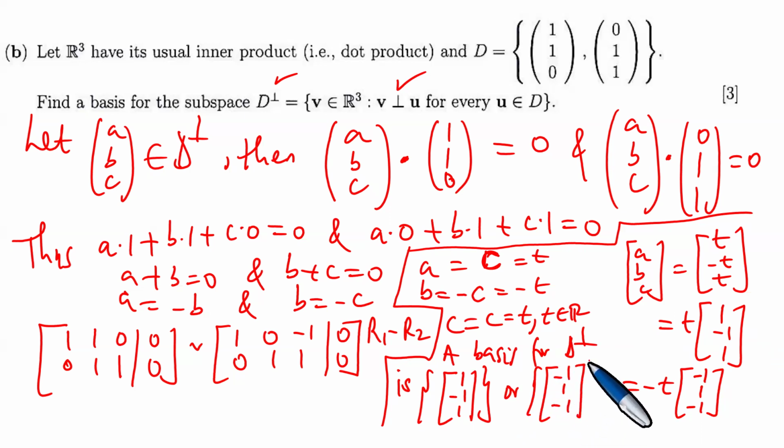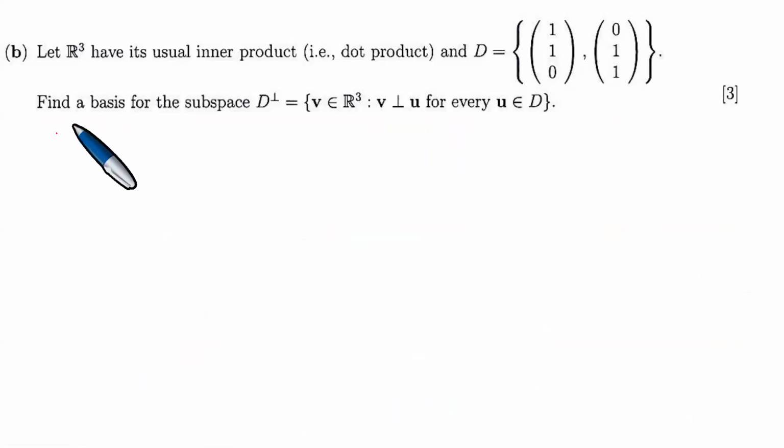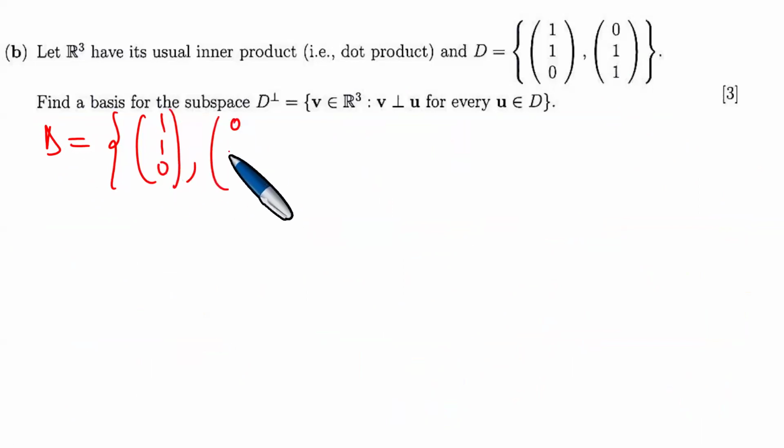You can write it like this. You get the point. So in any event, if you dot this one with any of these, it must be 0. You can do a quick check. So in other words, you have that D is like this. It's containing 1, 1, 0, and then it's also containing 0, 1, 1.